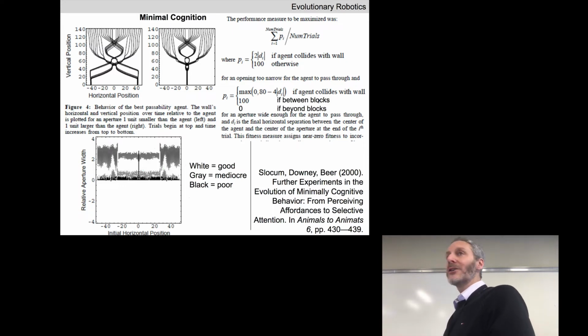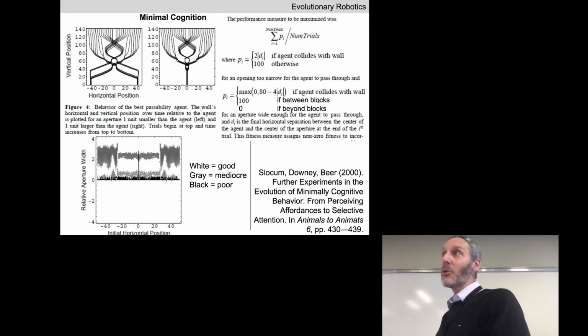They then colored the pixel either white, gray, or black. White is the robot did the right thing in that situation. Black is it did the wrong thing. It went for it when it should have run away, or it ran away when it should have gone for it. And gray is it did something in between, which usually means it hit one of the objects, right?